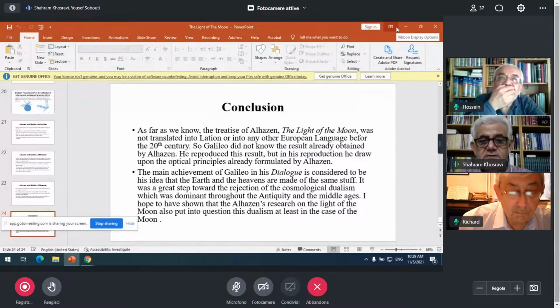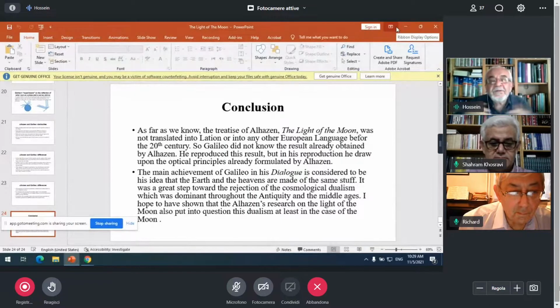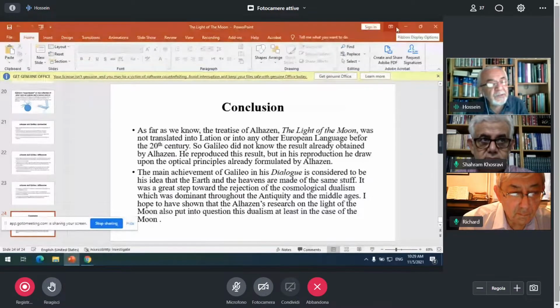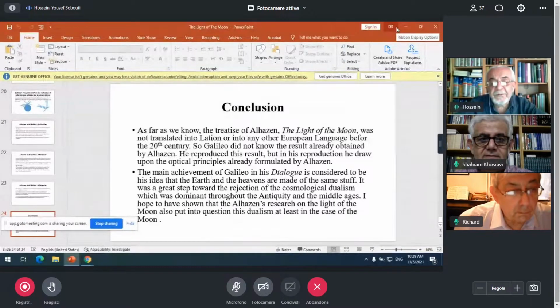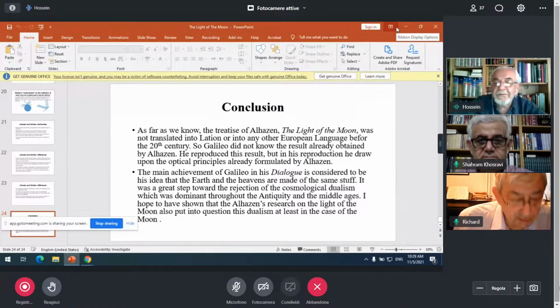Huygens, in his wave theory of light, extended this idea: any point of a wave front is a source of light which sends light in all directions.